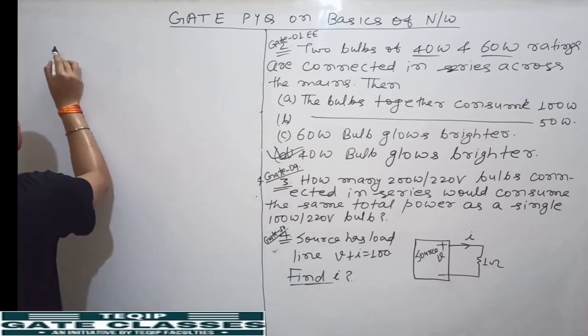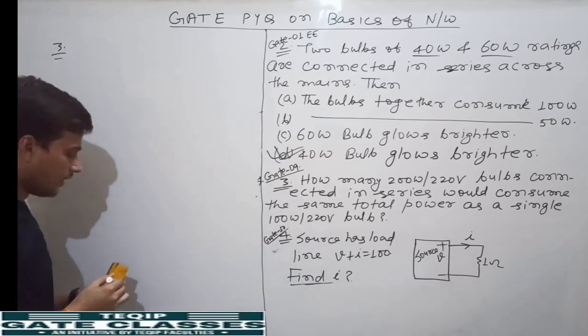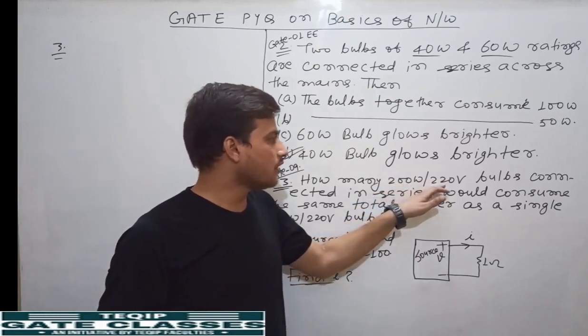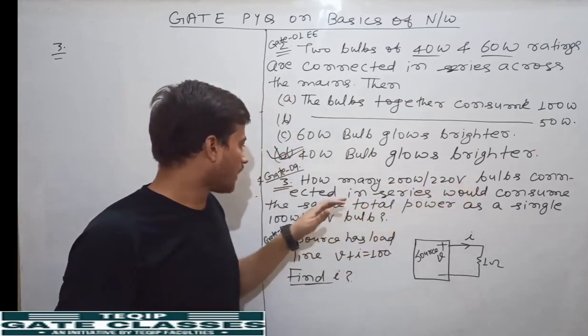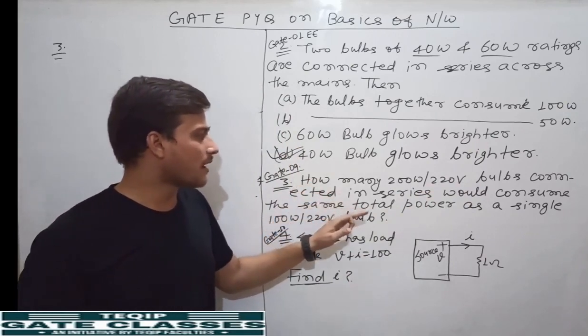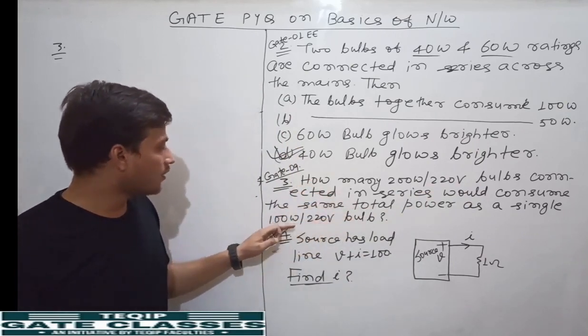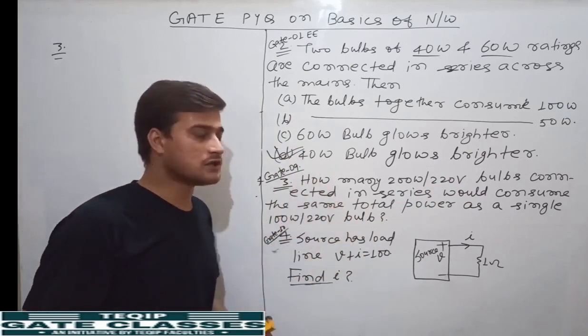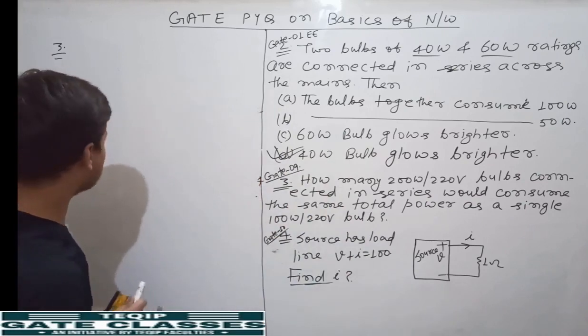Now come to the third question. They are saying, how many 200 watt 220 volt bulbs connected in series would consume the same total power as a single 100 watt 220 volt bulb? That means according to the question you have two types of bulbs.